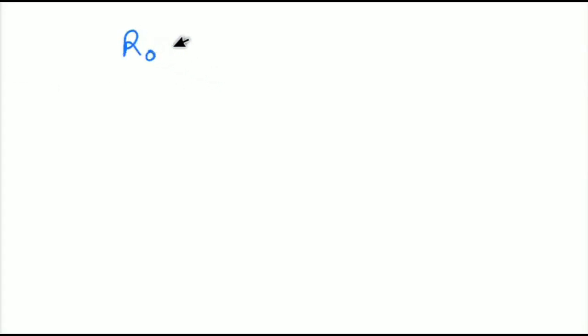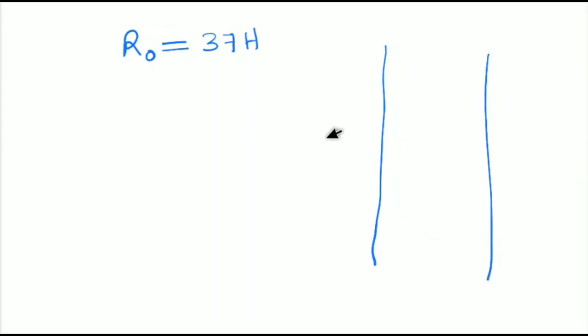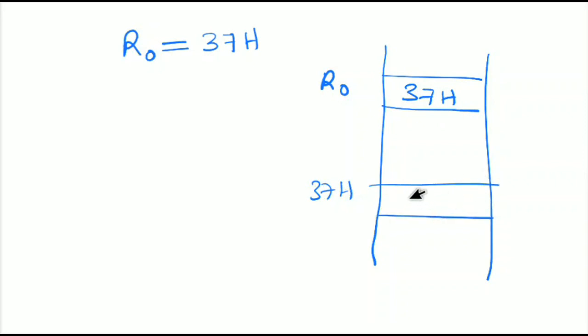So let me give one example. If R0 is 37H, right? That means you have somewhere R0, because R0 will obviously have its own address based on its bank. I am representing randomly, R0 is equal to 37H. Now at 37H I have F0H, right?